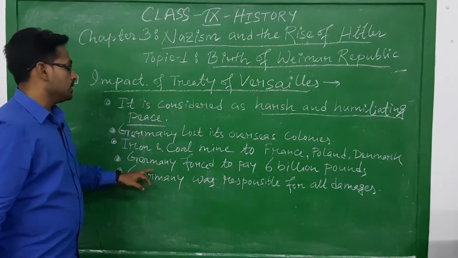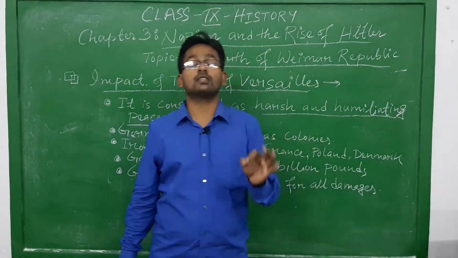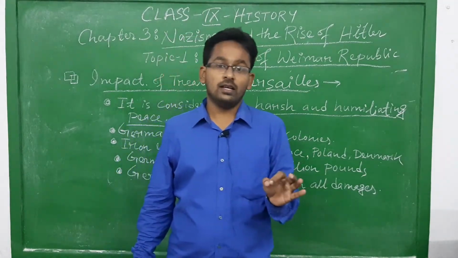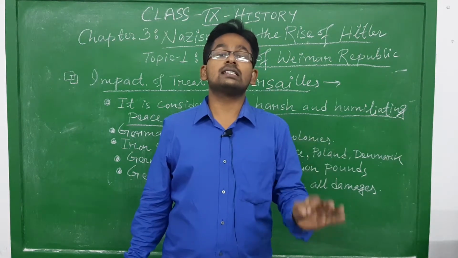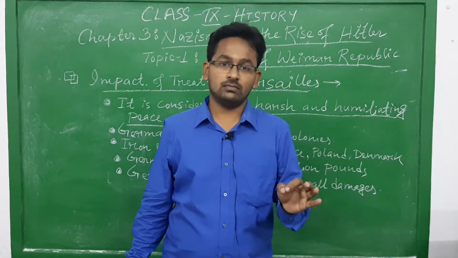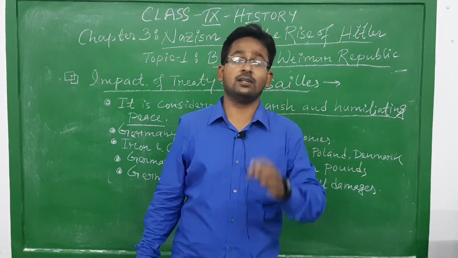Next, Germany was forced to pay 6 billion pounds. Can you imagine 6 billion pounds? In Indian rupees, 6 billion pounds was equal to 660 crore at that time. So Germany had to pay 660 crore.